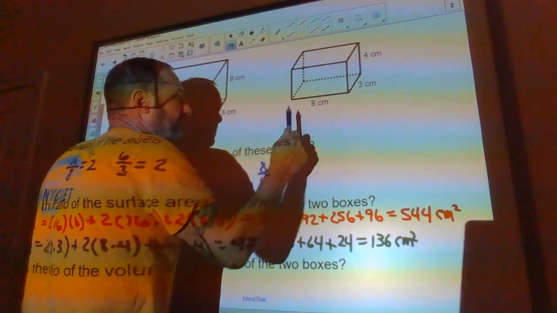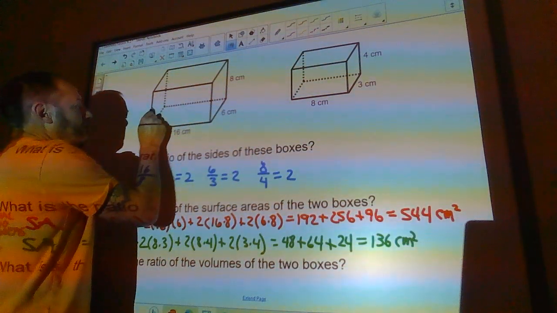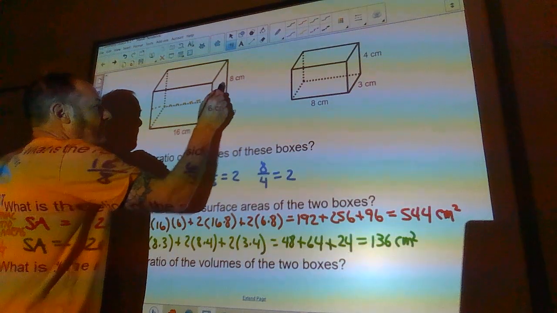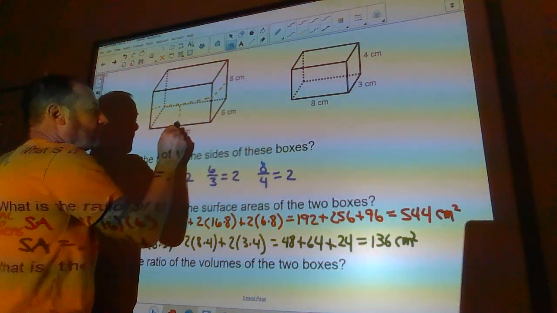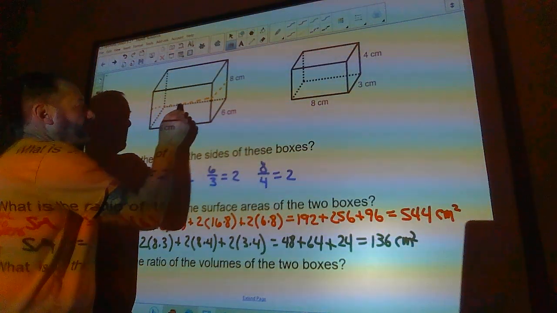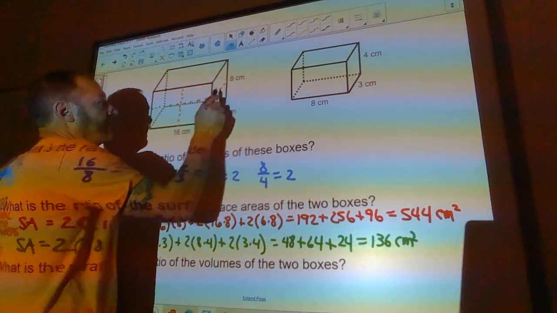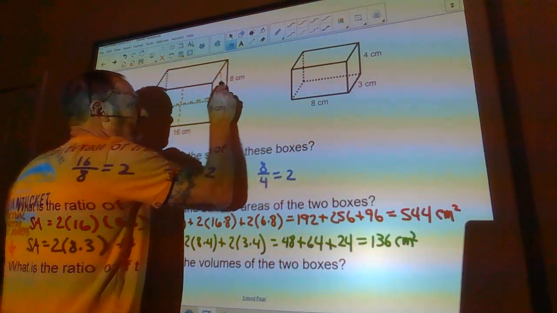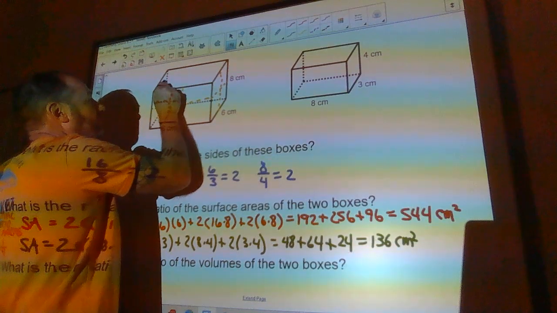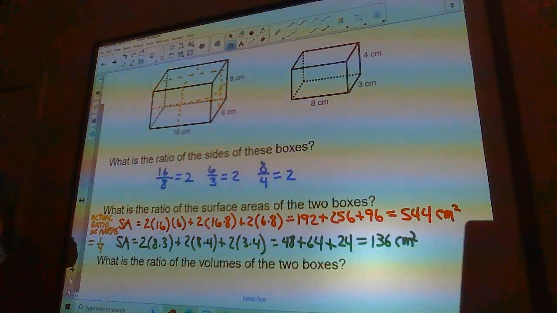We made it half as big this way as well. So if you look here, 8 by 3, I could fit 2 of those right here. And then I could put another 2 of those on top. So there's 4 of these on the front. There's going to be 4 of these on the side, and there's going to be 4 of these on top. Okay, so the area is 4 times less, or 1/4 as much.